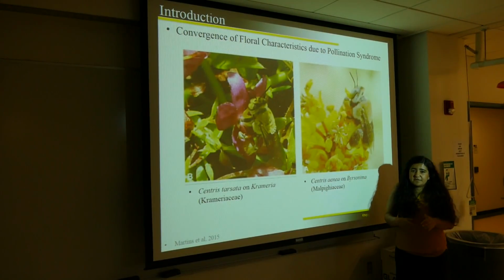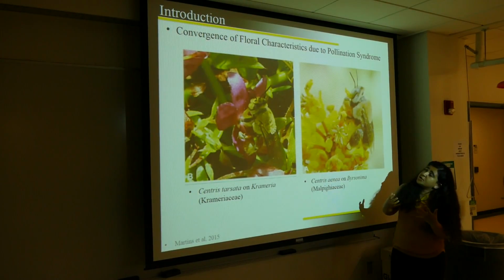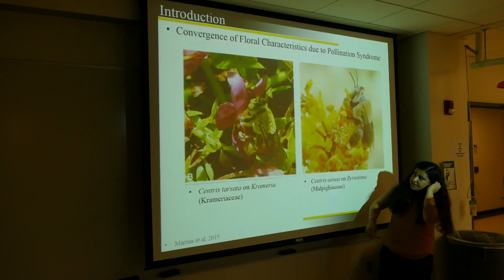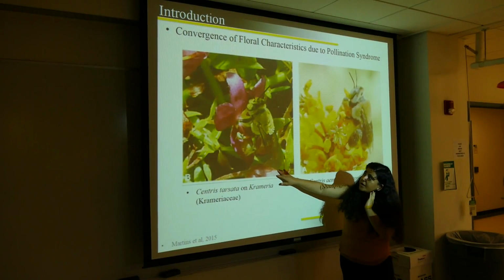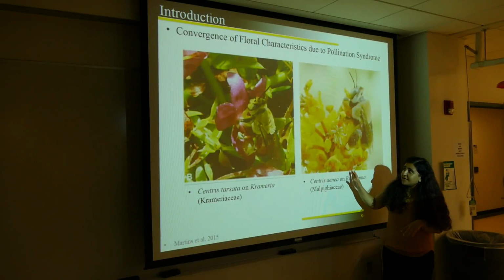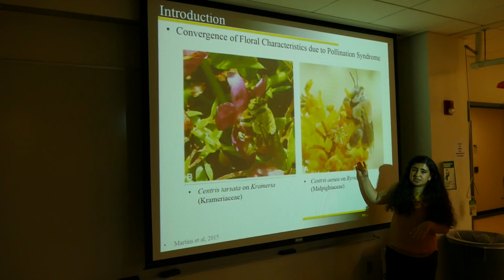When I investigated further the pollination ecology, it seems that these oil glands and their symmetry are attracting a single set of pollinators, which are bees of several tribes of Centris. As you can see in this picture, this is a Convergence flower with Centris torsata, whereas right next to it is a Malpighiaceae flower with another species of Centris.